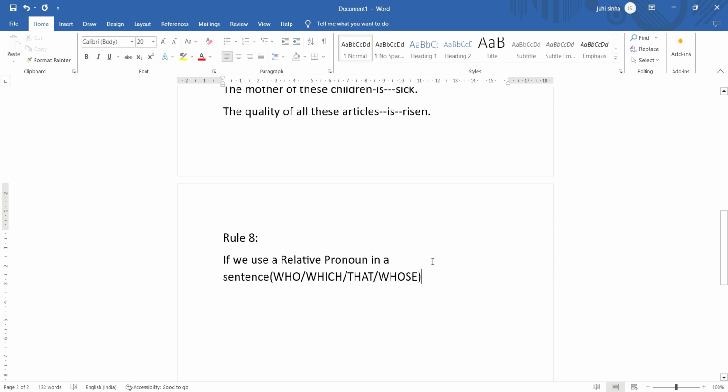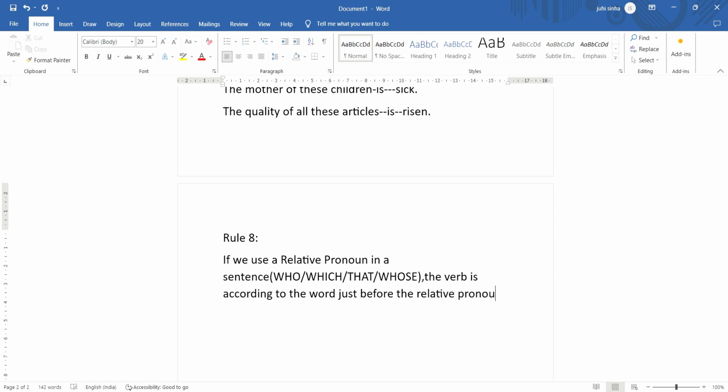So if we use a relative pronoun in a sentence, the verb is according to the word just before the relative pronoun.